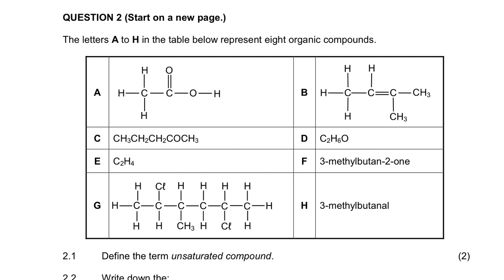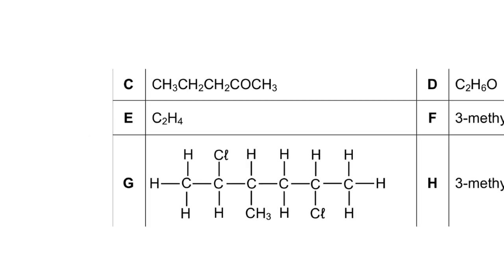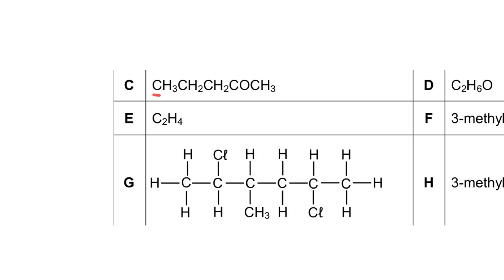So that's what I'm going to do. I'm going to start off by taking C, D, E, F, and H and drawing their structural diagrams. So starting with C, I'm going to start here. So we've got C, and we've got 3 hydrogens. So it's 1, 2, 3.